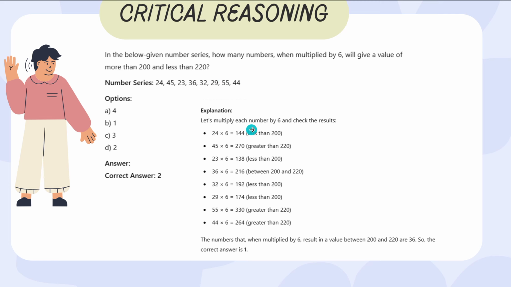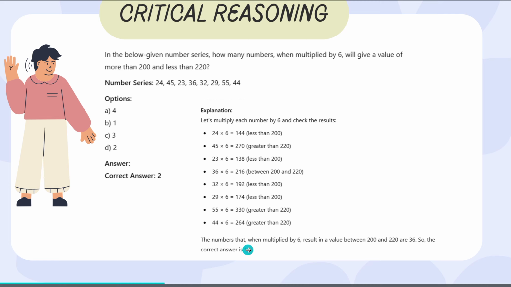Now let us multiply each number by 6 and check the results. 24 into 6, 144, less than 200, and in this way you have to do multiplication with all the given numbers with the 6, then you can generate the output. Now based on that you have to get more than 200 and less than 220, right? Now the option is 2, that is the correct option, correct answer is 2.